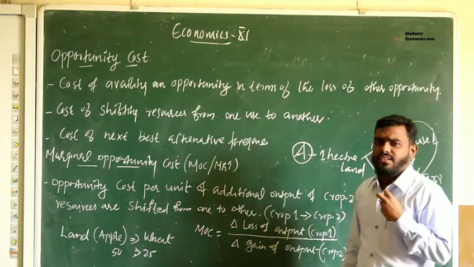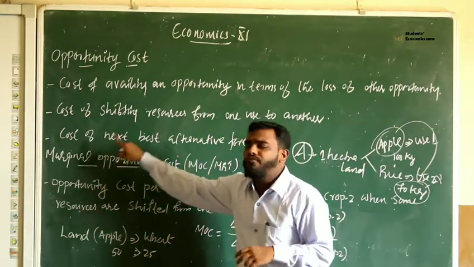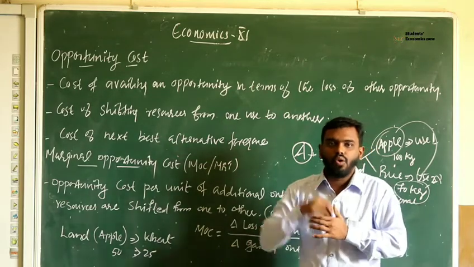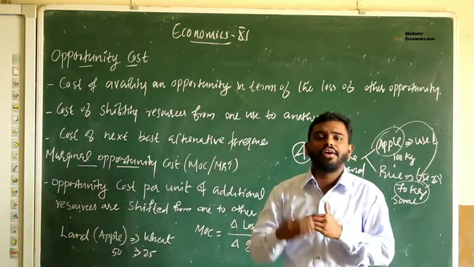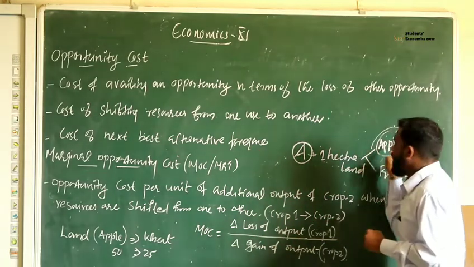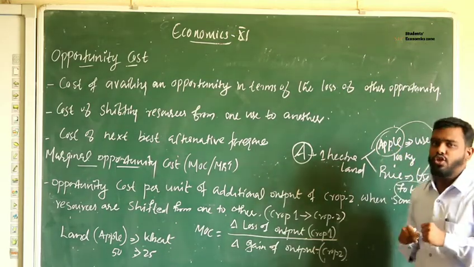In other words, opportunity cost can be defined as the cost of the next best alternative foregone. Here we have two opportunities, production of apple and production of rice.